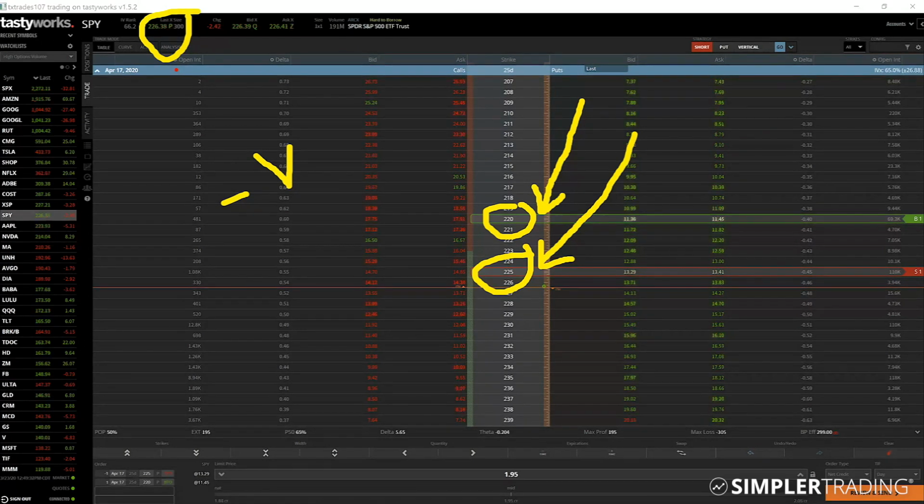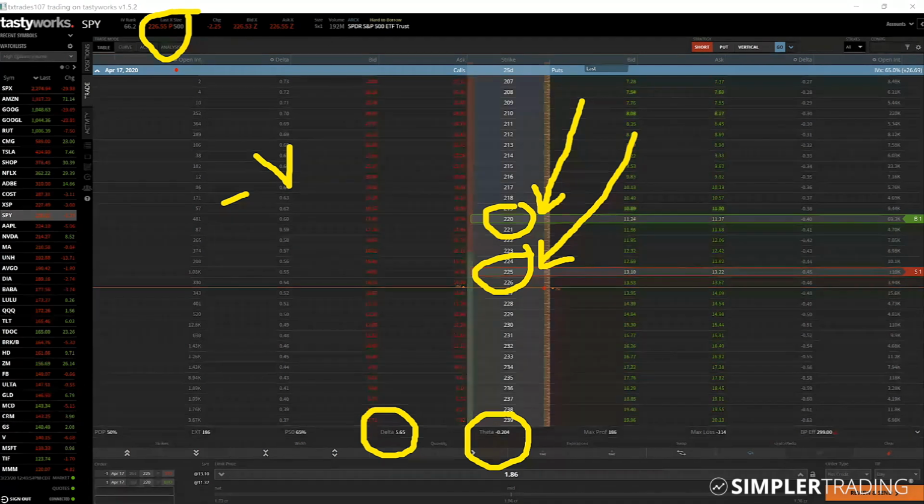Also, you can see your Greeks down here. By doing it as a short put vertical, taking in a credit, so basically a put credit spread, you can see that your delta is actually positive. So it's a bullish trade, and you can see that your theta is actually negative, right? So that benefits the trade as well.